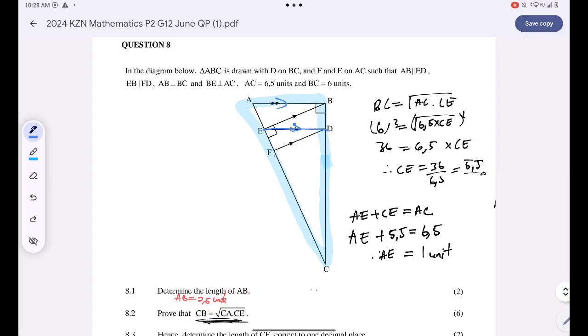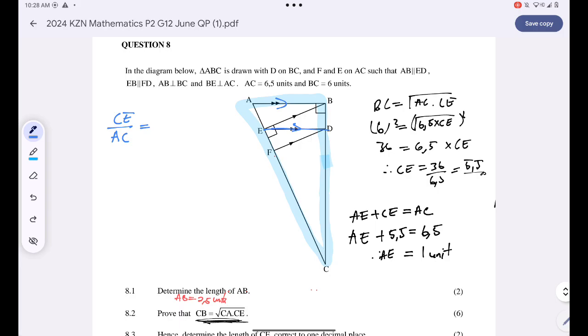So I can therefore conclude that since they want me to find the length of FE, I know that CE all over CA is basically equal to... should I use CE?